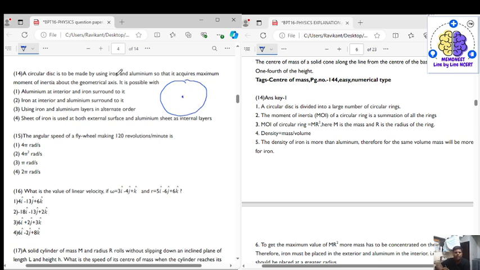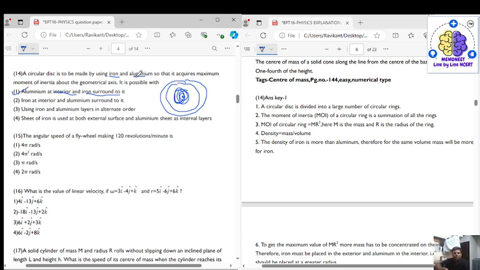Now we know iron has a greater density as compared to aluminium. So if we place iron in the periphery, it means outside, and aluminium inside, right? Then it will have greater moment of inertia. So this arrangement has been given to us: aluminium in the interior and iron in the surrounding. So the correct option is option 1, right?